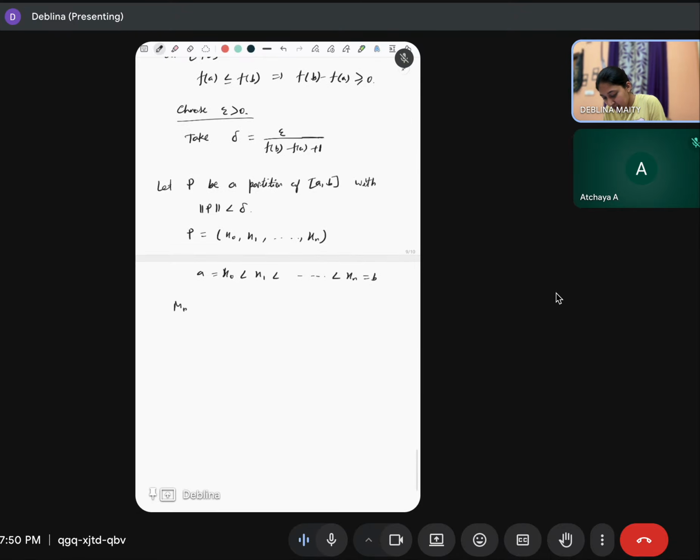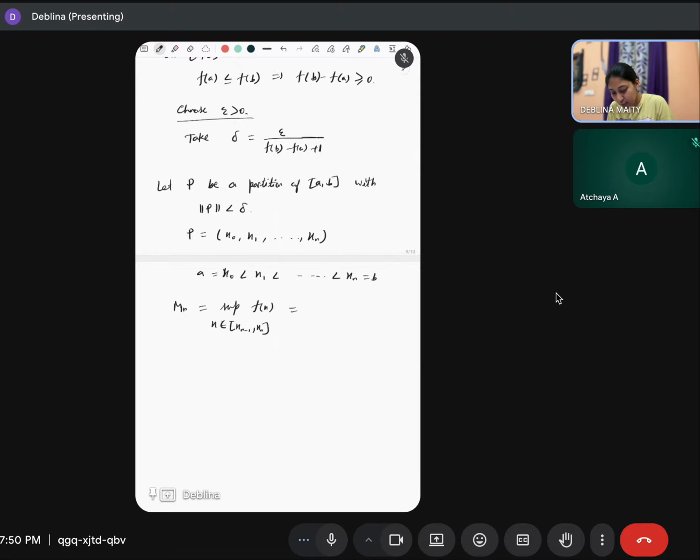Now what is Mr? Mr is the supremum of f(x) when x varies in [x(r-1), xr]. Now our f is monotonically increasing, so the maximum will be attained at xr.